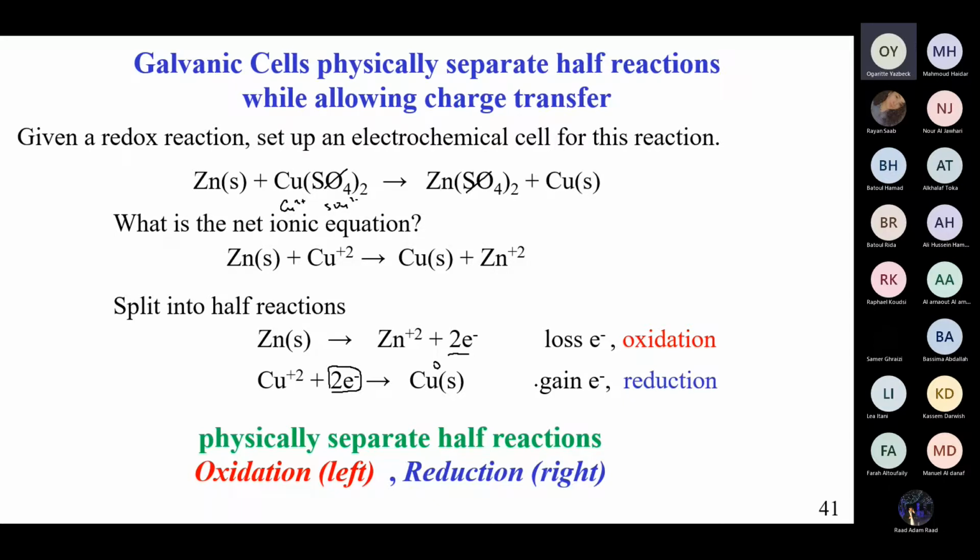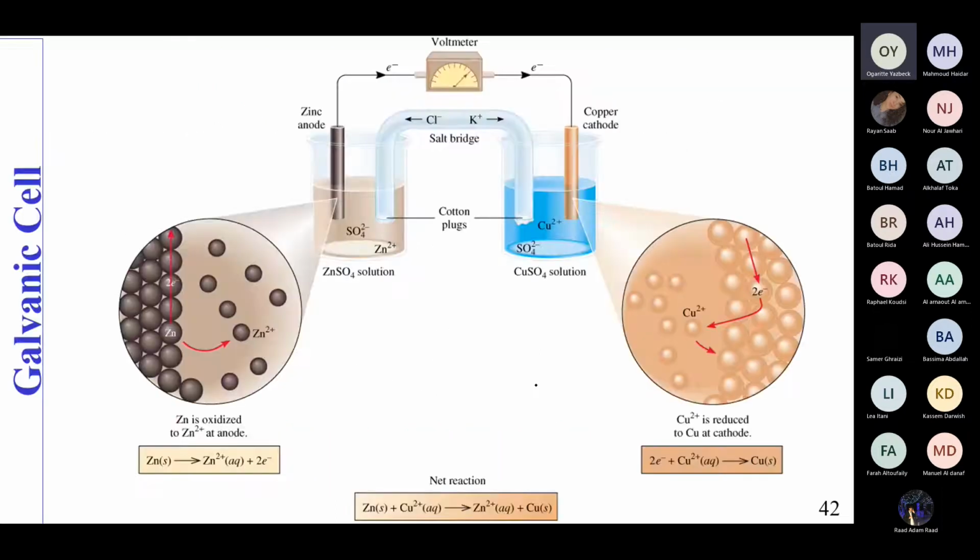What we will do is physically separate them. We will put the oxidation on the left, reduction on the right. This is the left. This is the right. The way I write it is I put a plate, and I call it the zinc plate. And I put another plate on this side, and that's the copper plate.